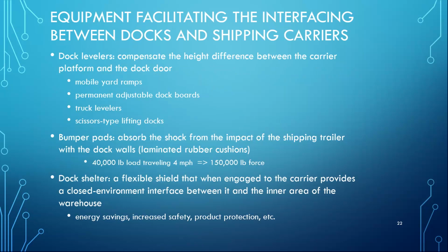Some of the suggested dock equipment are the dock levelers, which compensate for the height difference between the carrier platform and the dock door. We can use mobile yard ramps, permanent adjustable dock boards or truck levelers, or scissor type lifting docks.